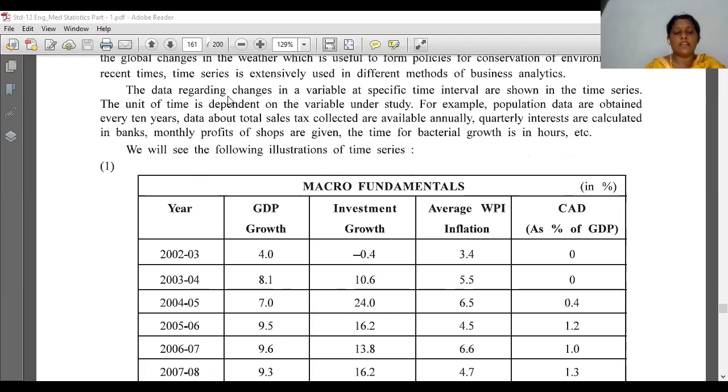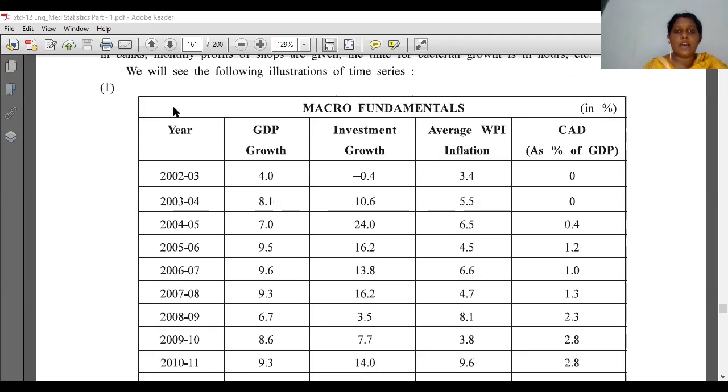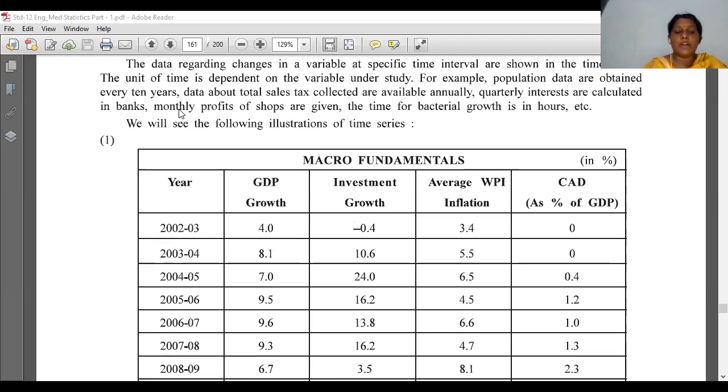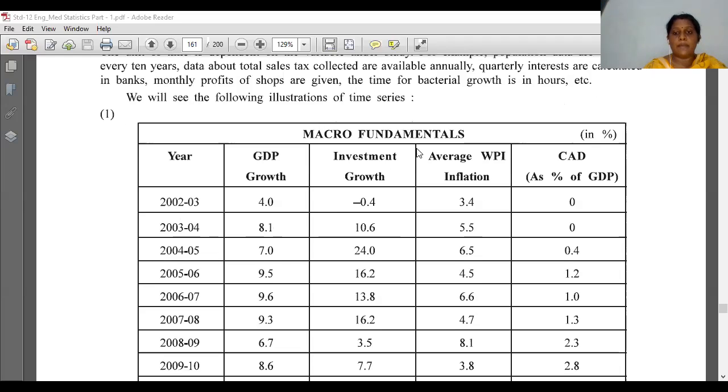Okay, so this is the main thing. In this way they are telling us how we are calculating, that if a shop is calculating the profit monthly, the time period shows us in which time we are calculating that particular thing. So, macro fundamentals.